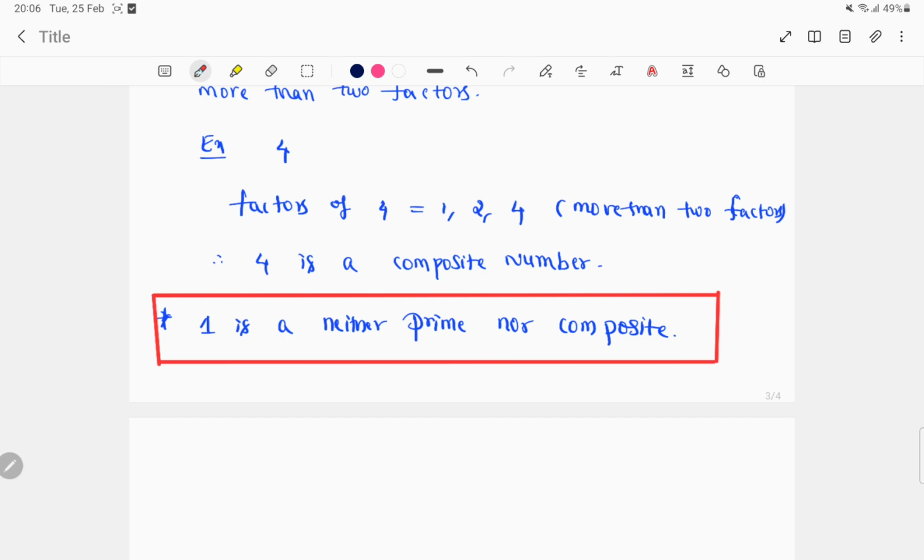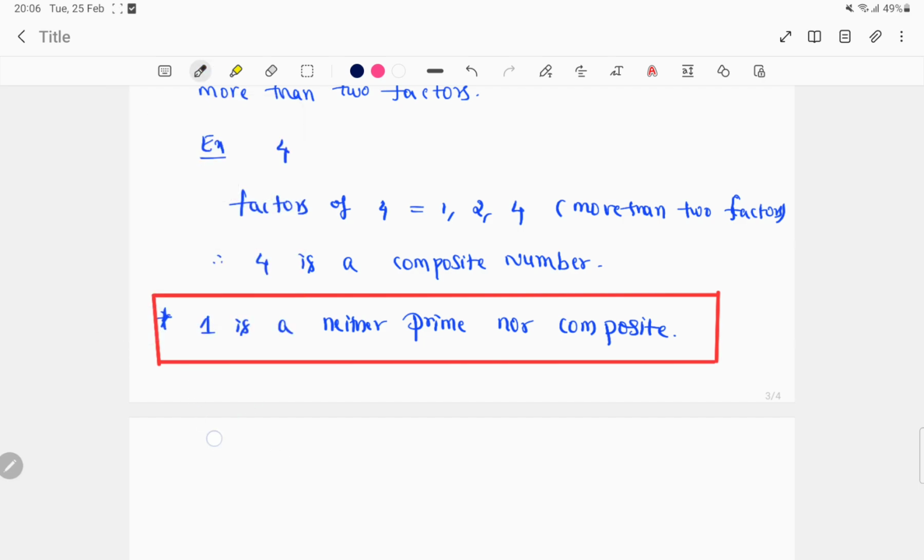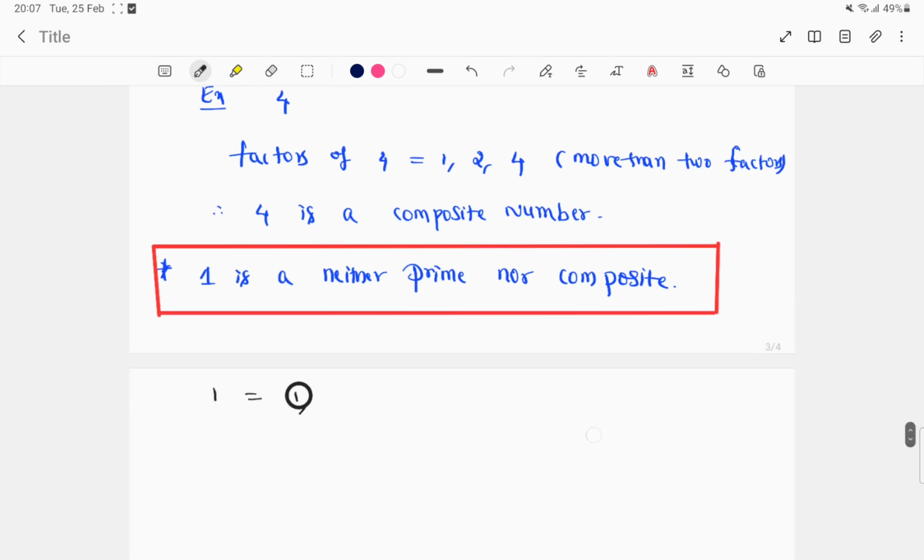Because if you see, factors of 1 means only 1 table only. There is no other number which exactly divides 1. So only 1 factor only. So that's why it is neither prime nor composite. It means there are not two factors, and not more than two. This is the explanation for why one is neither prime nor composite. Okay, children.